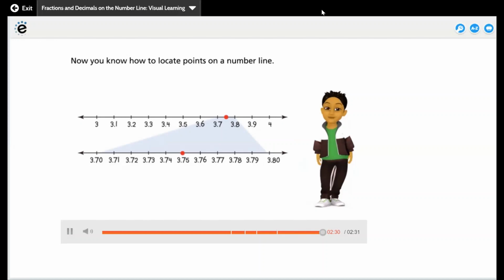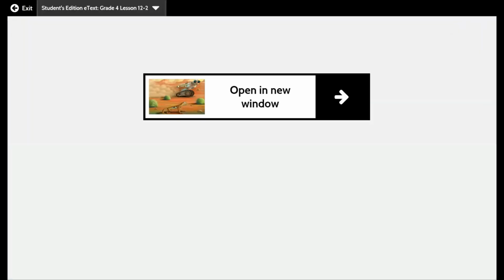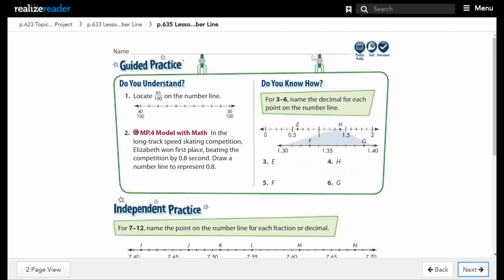Okay, let's move to the questions. For 3 to 6, name the decimal for each point on the number line.